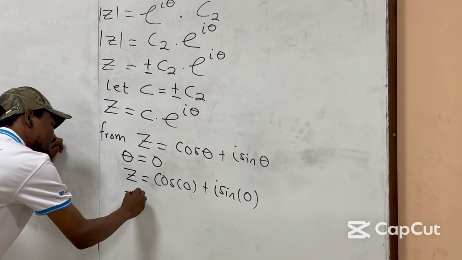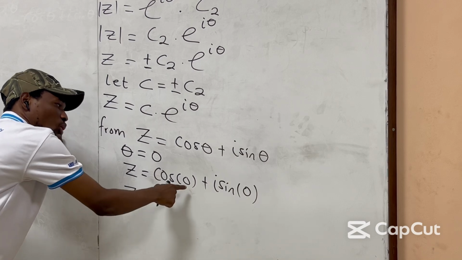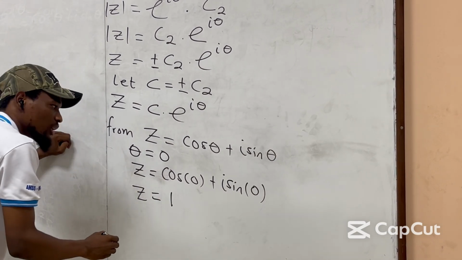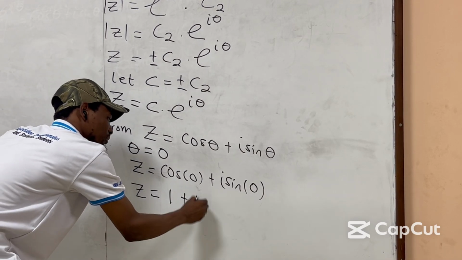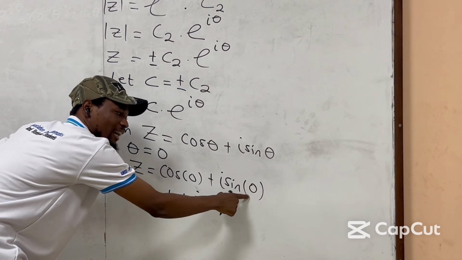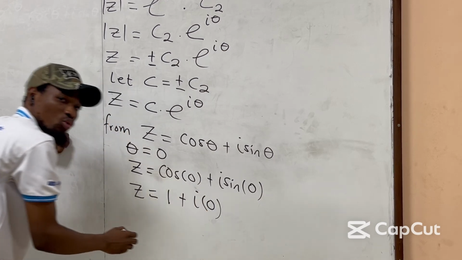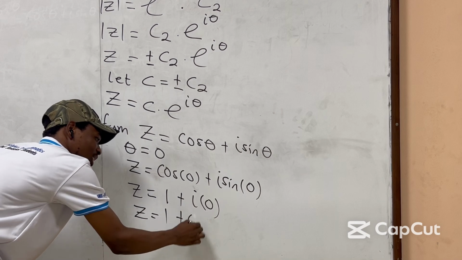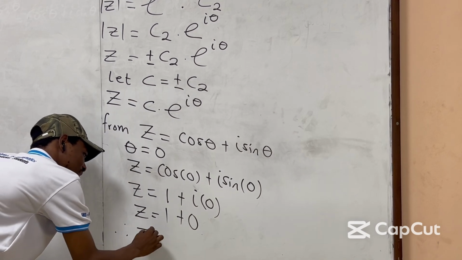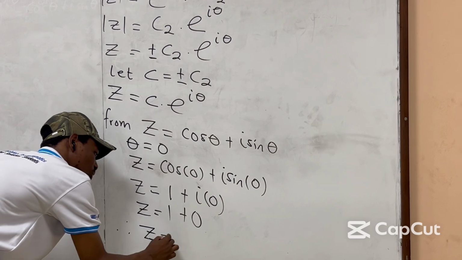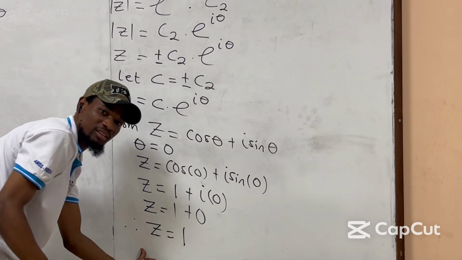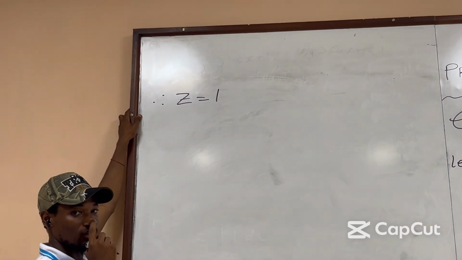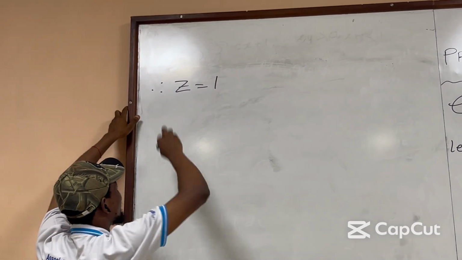So z is equal to cos 0, which gives 1, plus i times sine 0, which gives 0. So I have z is equal to 1 plus 0. Therefore, z here is equal to 1.